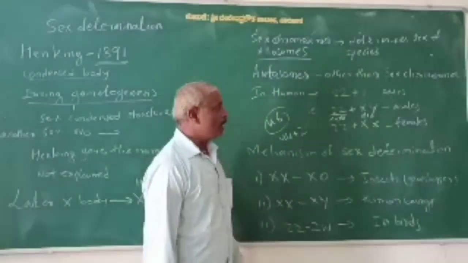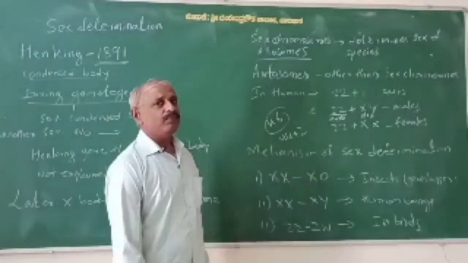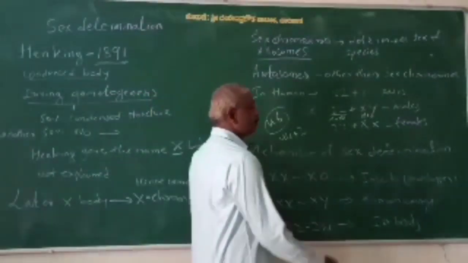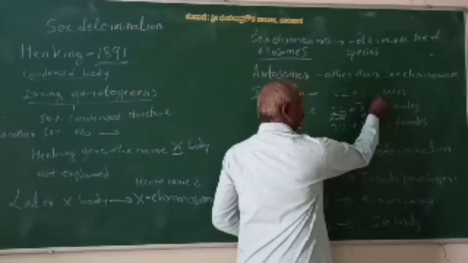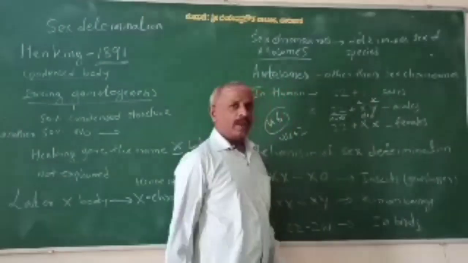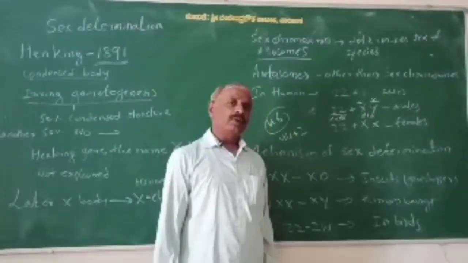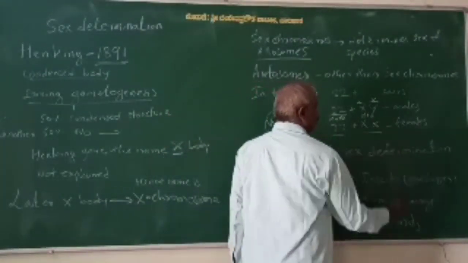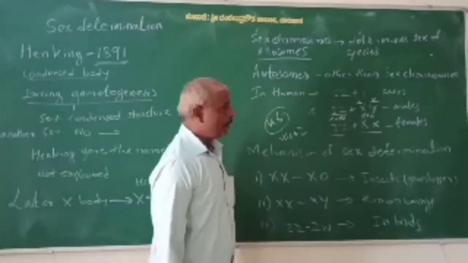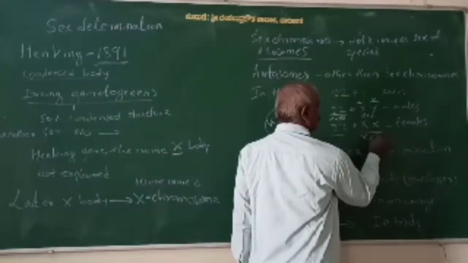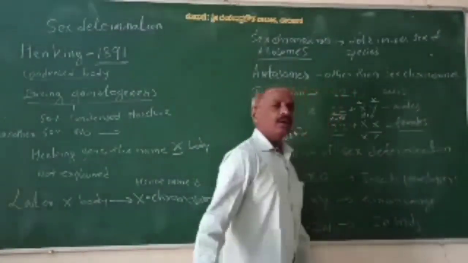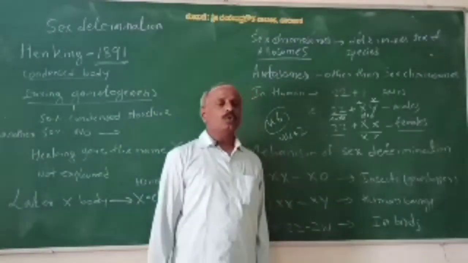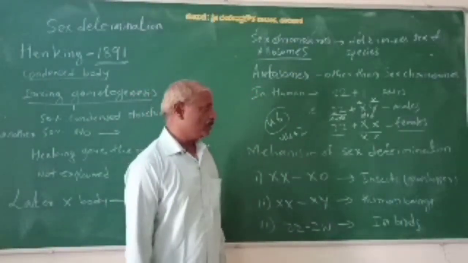Those allosomes are different in male and female. In human males, both X and Y chromosomes are present. But in females there is no Y, only XX chromosomes are present. So that is the information about autosomes and allosomes in human beings.